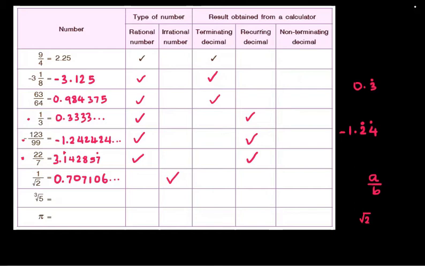So since the square root of 2 is not an integer, it cannot be written in the form of A out of B. And remember, B must not equal 0, and A and B must be integers. So since this one is not an integer, the whole of this becomes an irrational number.